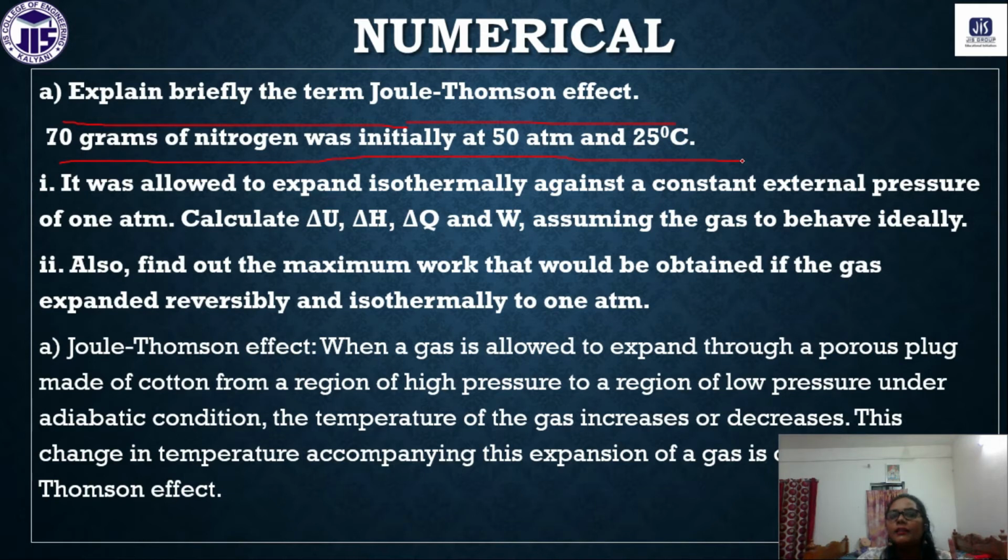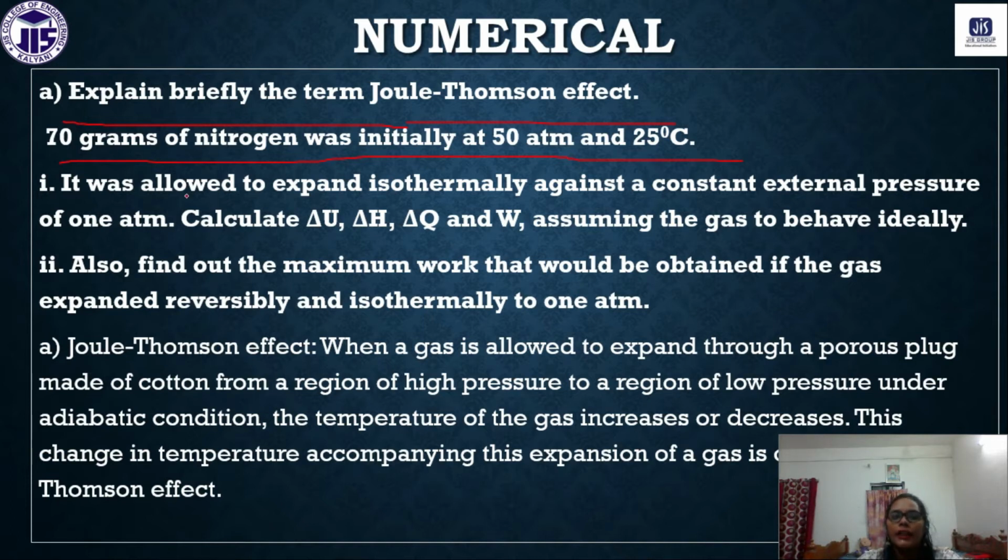From this data you can get the number of moles of nitrogen, because we know the number of moles equals weight by molecular weight, W by M. Initially P1 equals 50 atmospheric pressure and T1 equals 25 degree centigrade. This 25 degree centigrade we have to convert into Kelvin.